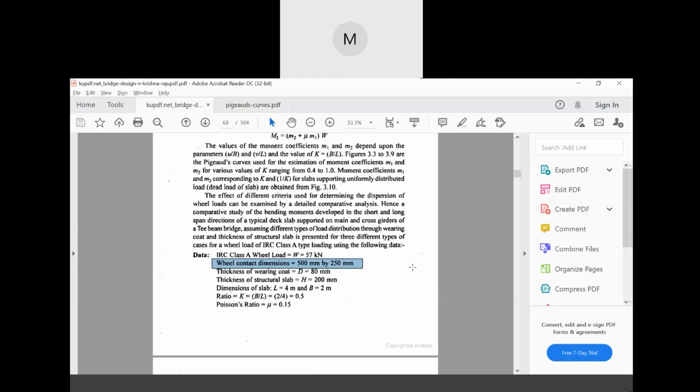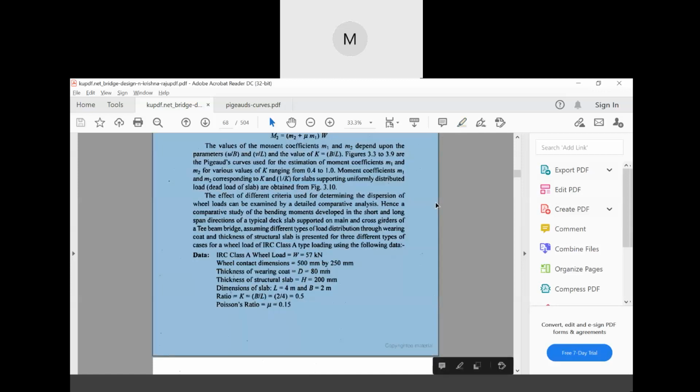I remember Rajesh drew it on the board for you guys. From that only we took B and W, 250 and 500. Is it okay now? Is it clear? Can you please respond?